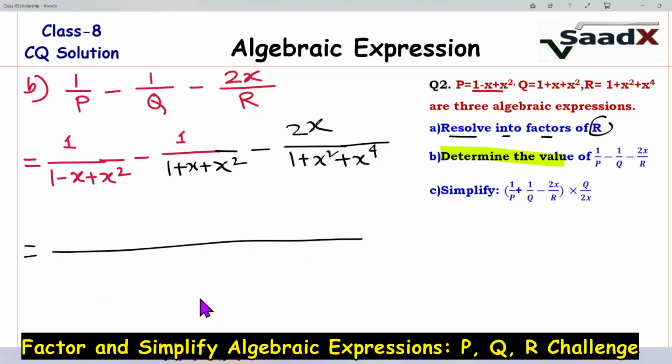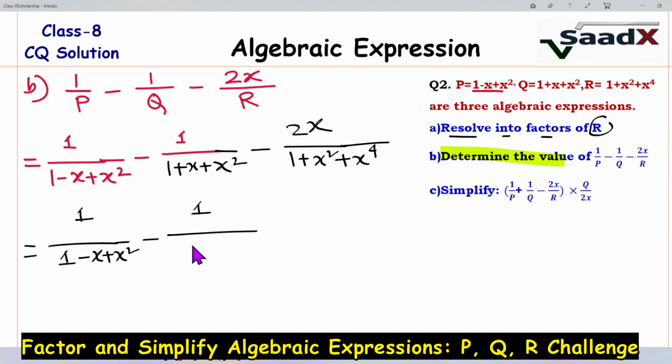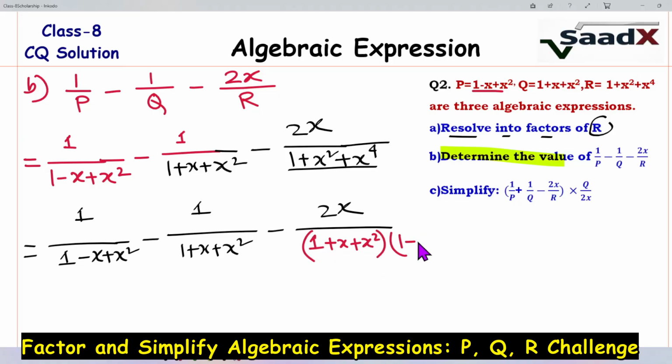Look, here is 1 divide 1 minus x plus x square minus 1, then 1 plus x square minus 2x, and against this one we will write this one which we already got, 1 plus x square and 1 minus x plus x square.